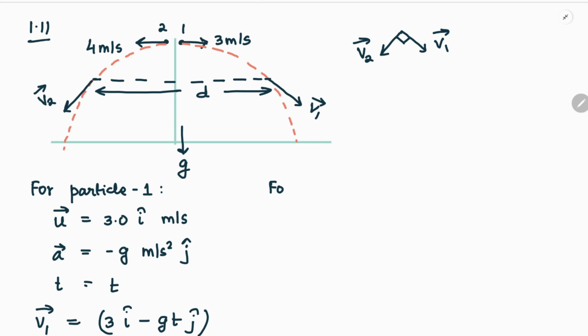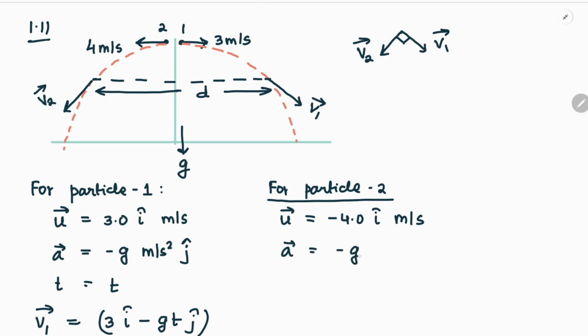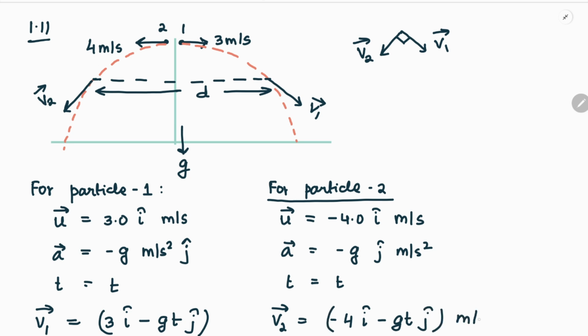Similarly for particle 2, we have the initial velocity vector as minus 4 i cap meter per second, the acceleration vector is minus g j cap meter per second square, and at the same time t we can write v2 vector as minus 4 i cap minus gt j cap meter per second.